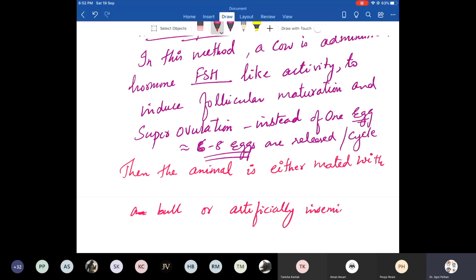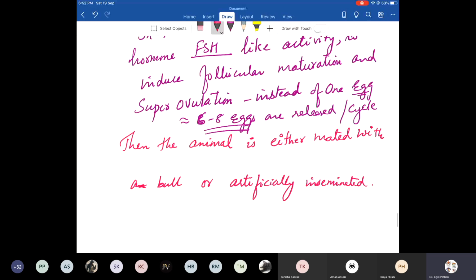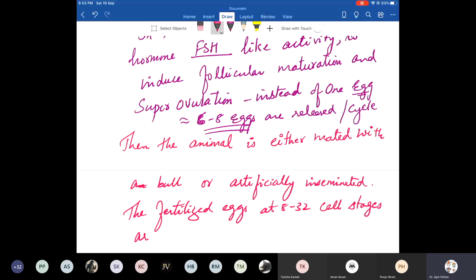After the mating, the fertilized eggs at 8 to 32 cell stages are recovered. They recover it from the pregnant cow, by a non-surgical method, and then transfer it to a surrogate mother.